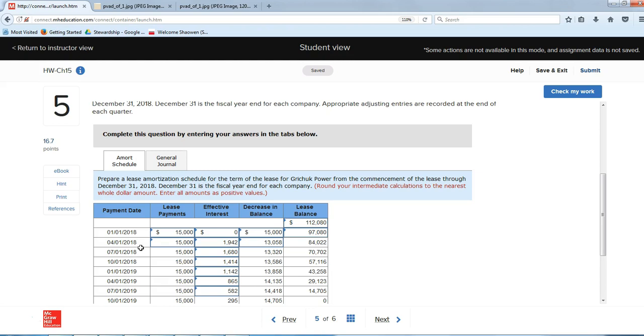So March 31st, let's refer to April 1st. Payment is $15,000, which includes interest expense $1,942 and lease payable $13,058.